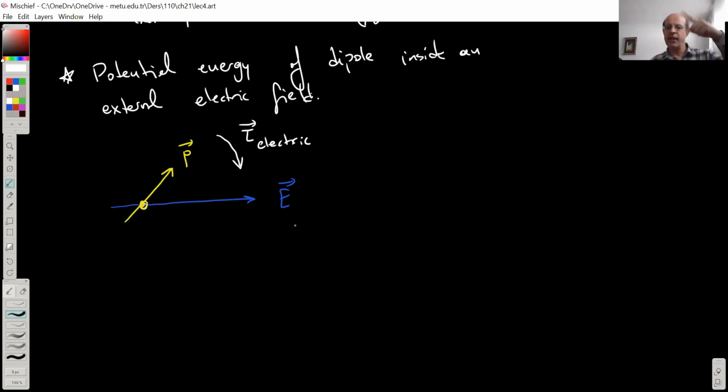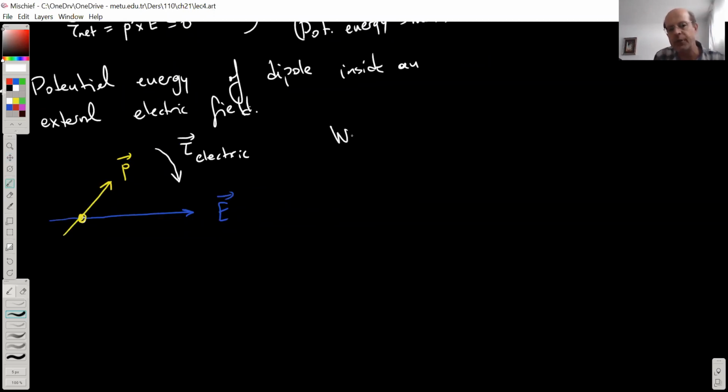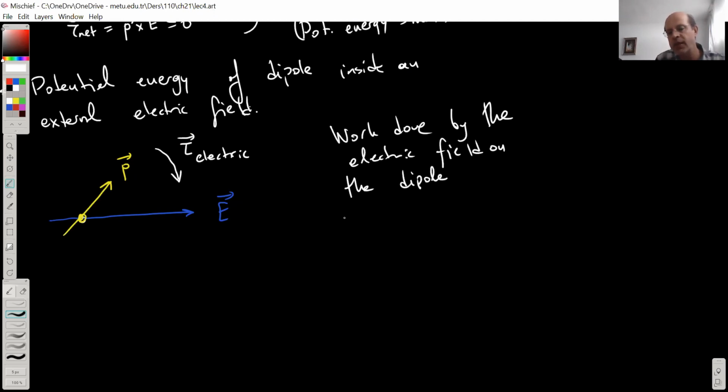So think about any kind of orientation change. We can talk about the work done by the external electric field on the dipole. Normally work done is force dotted with displacement, but we don't have a net force in here.